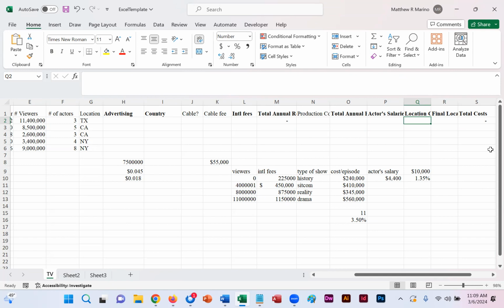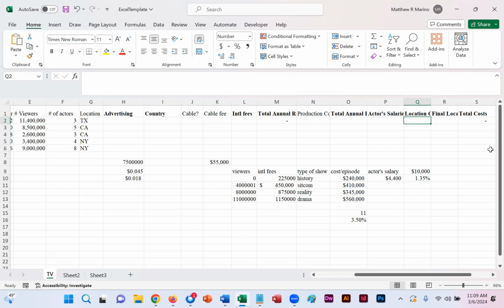My 1.35 is in R13, so I just do R13 times my total production, which is O4, and then comma 0. And it gives me just a dash with a dollar sign. So you're multiplying it by your total annual revenue, the 1.35%, and it's just giving you a dash? You did comma 0 at the end, right?